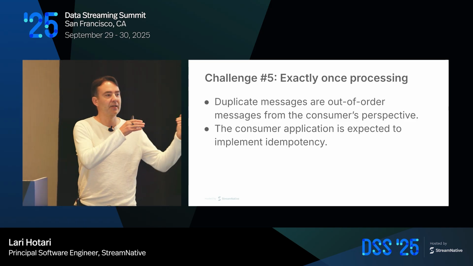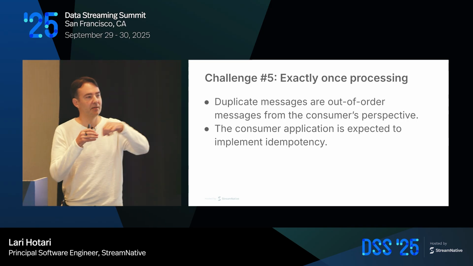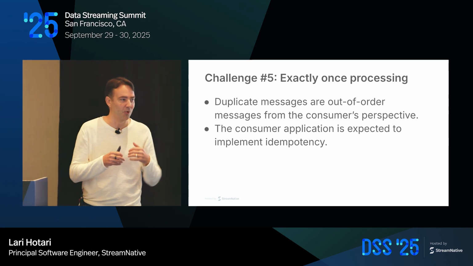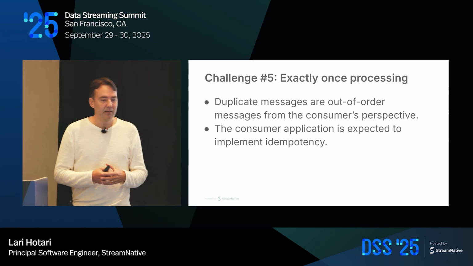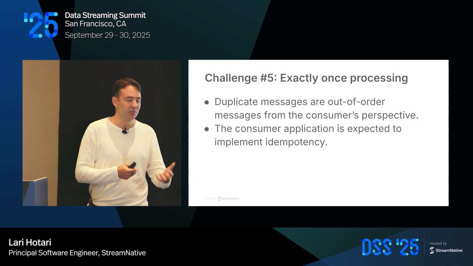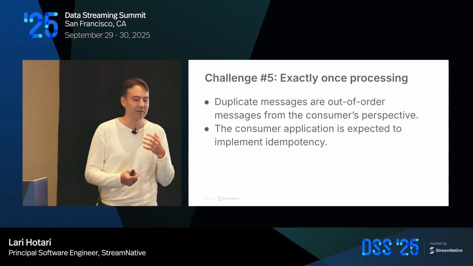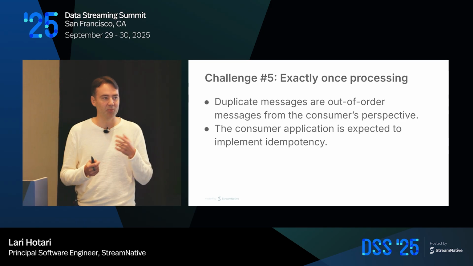Let's say you're at sequence 5 and you receive sequence 3, which is a duplicate that came before, but it's out of order. And one of the important things to remember here is that all consumer applications have to be implemented in an idempotent way.